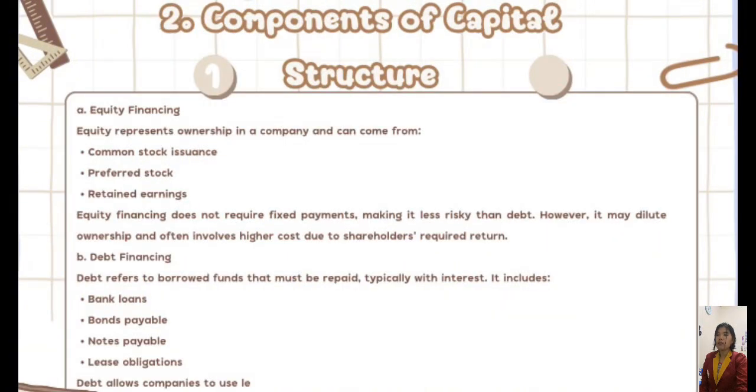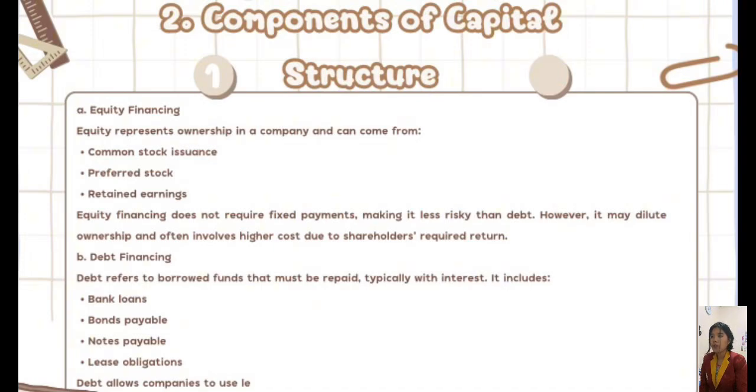Okay, second is components of capital structure. The first is equity financing. Equity financing represents ownership in a company and can come from common stock issuance, preferred stock, and also retained earnings.